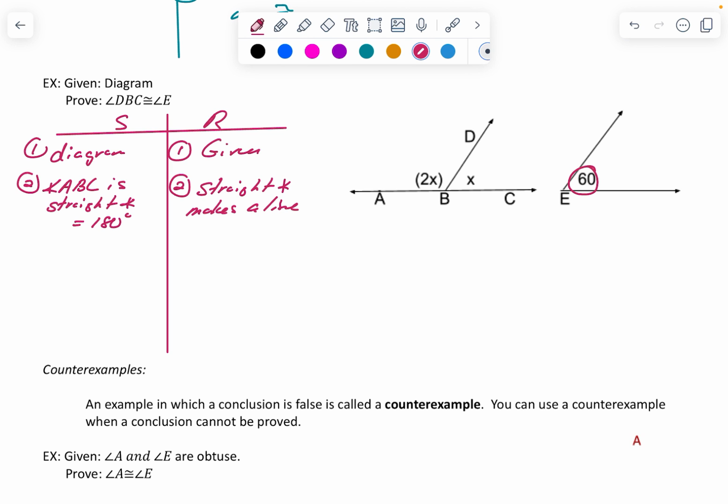So now, because we want to eventually know about angle DBC, I'm going to say angle ABD plus angle DBC is equal to angle ABC. And that is our angle addition postulate.